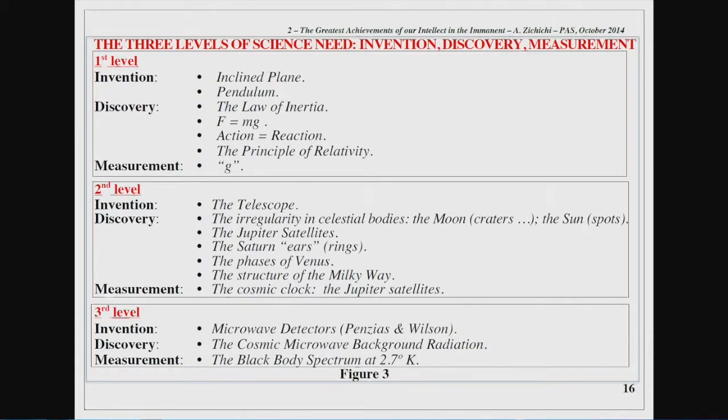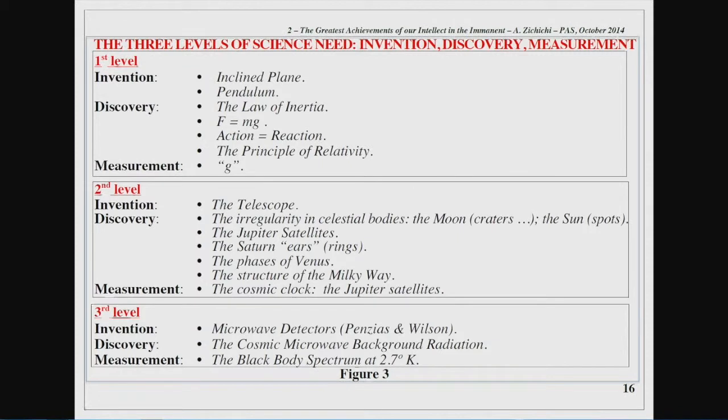The third level needs to wait until the 20th century. The invention: microwave detectors by Penzias and Wilson. How did they discover the cosmic microwave background radiation? They didn't know what they were doing.